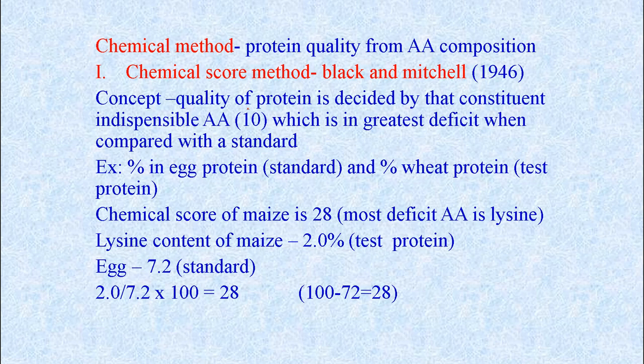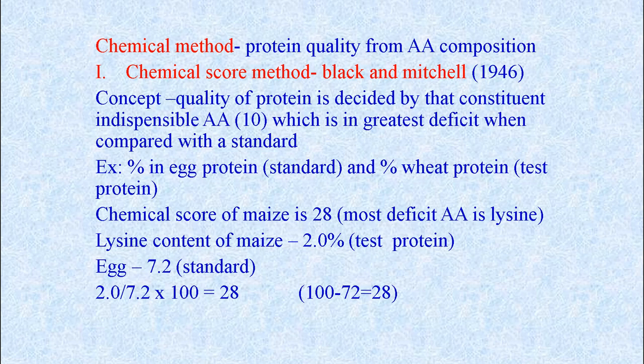So the chemical score of maize is 28. It's a number, and the most deficient amino acid is lysine, especially in the case of maize. The lysine content in maize protein is 2%, and in the test protein, egg, it is 7.2%.